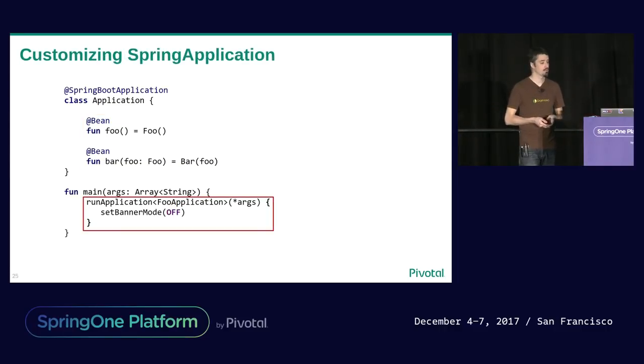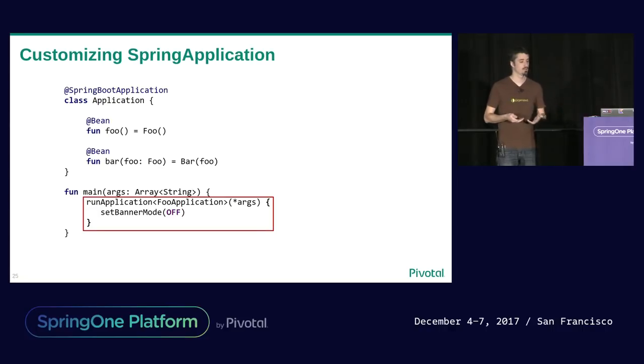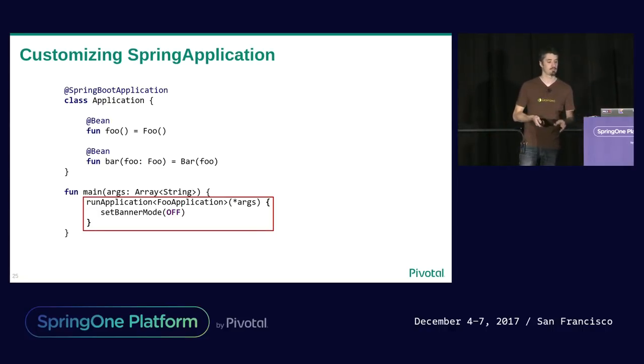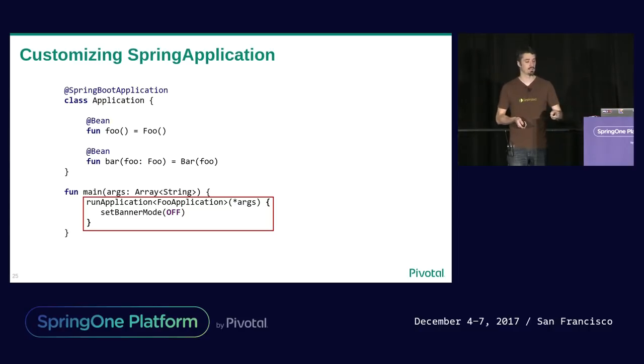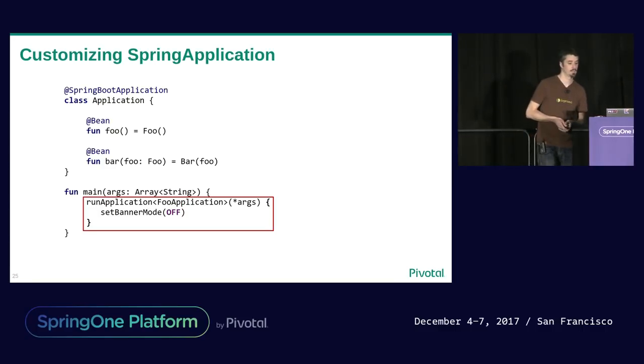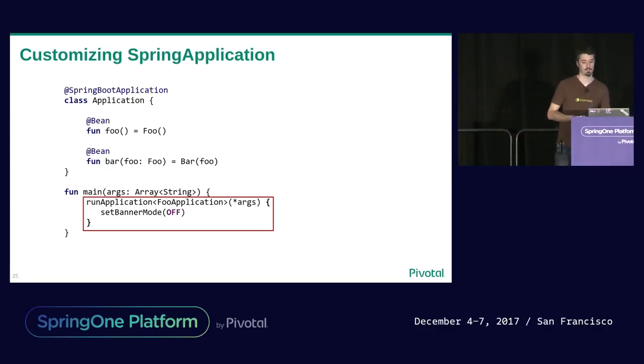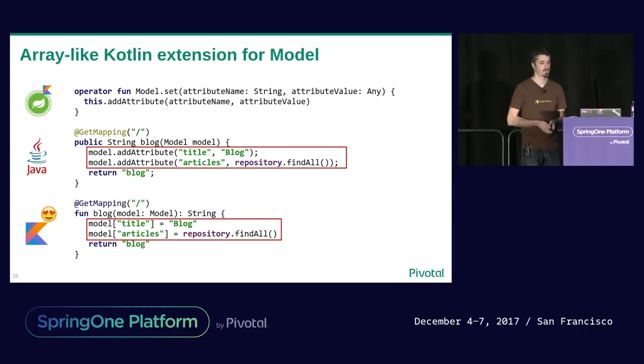It is not just basic syntactic sugar for simple use cases. You can customize the Spring application by adding a lambda, and here you can customize every kind of property of the Spring application. I don't think a lot of people set the banner mode off, but that's an example.